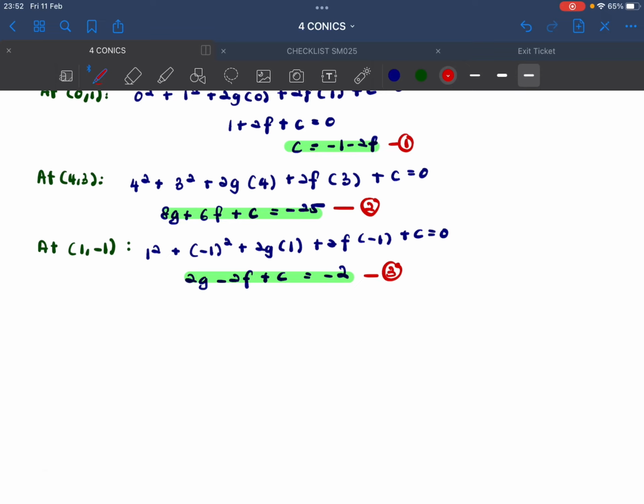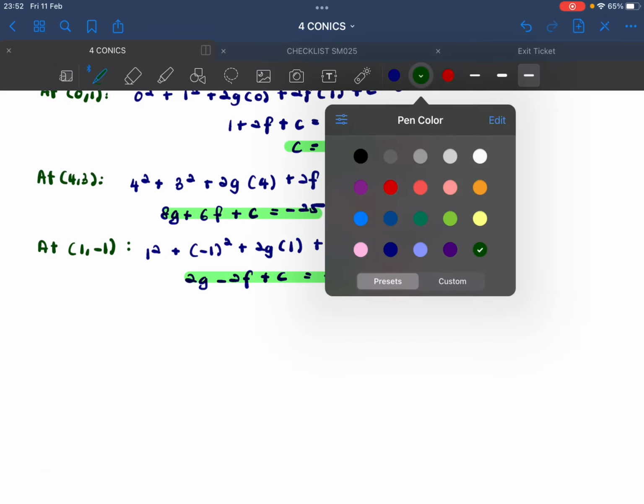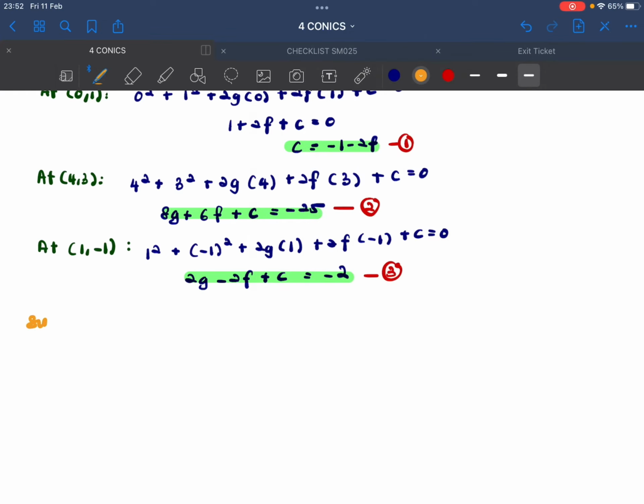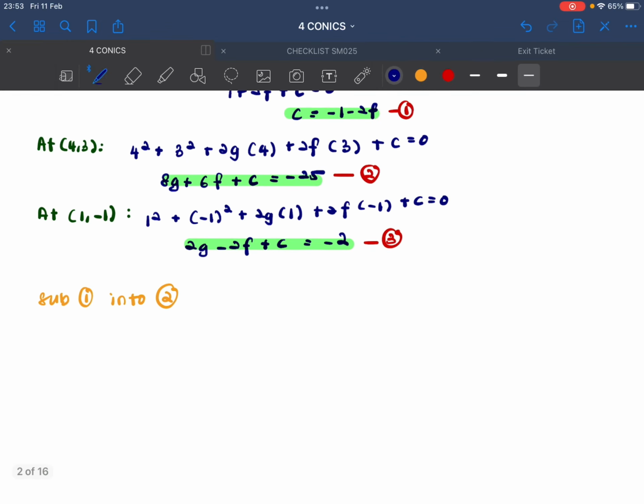So substitute equation 1 into equation 2. Here we have 8g plus 6f plus c, where for c we put negative 1 minus 2f, equals negative 25.